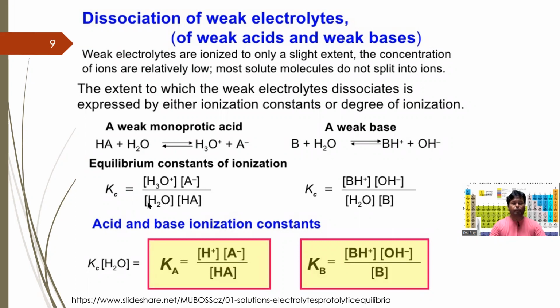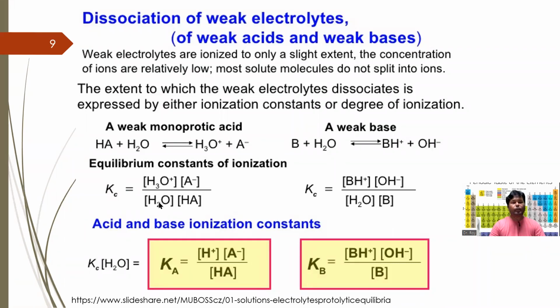Now, the water dissociation constant we have already learned. We know the concentration of water is very high, so we can consider it constant and combine it with this Kc.